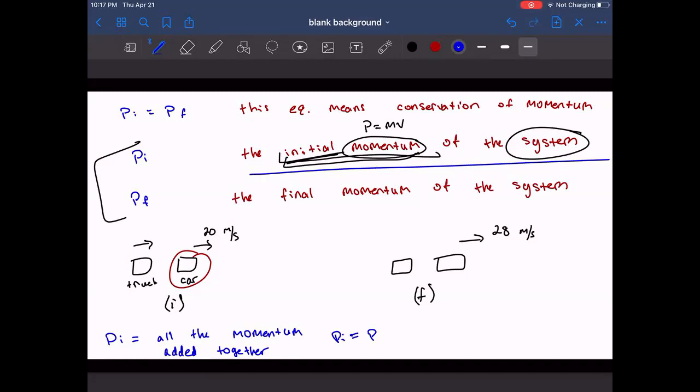We're going to add all the momentum together, the momentum of the truck plus the momentum of the car plus whatever. In this case, it's just truck and car, but you add them all up, whatever they are. While keeping this equation in mind, because then that P truck, well, that's just the mass of the truck times the velocity of the truck.